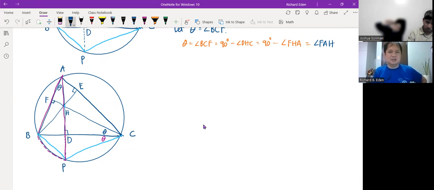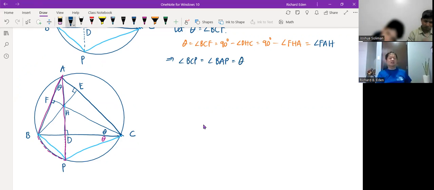So angle BAP and angle BCP. Angle BCP equals angle BAP, but then BAP is also theta.